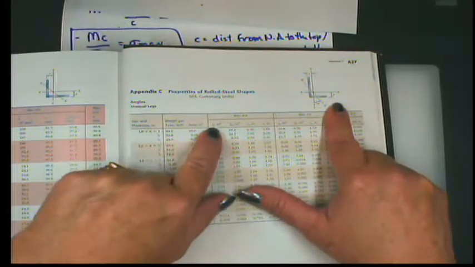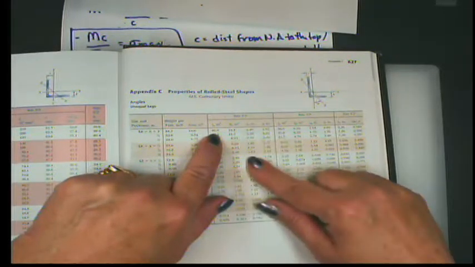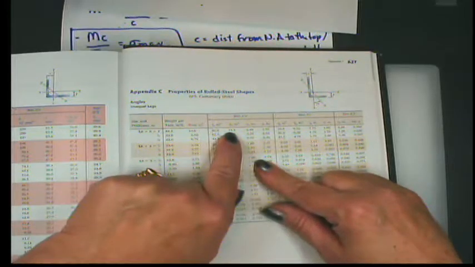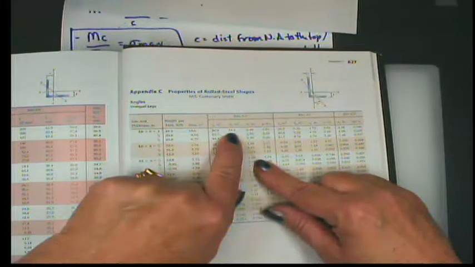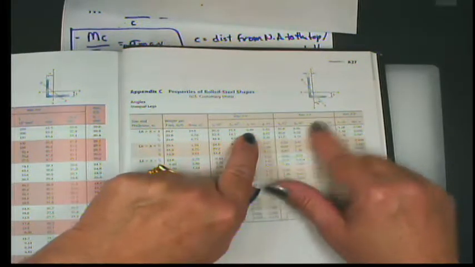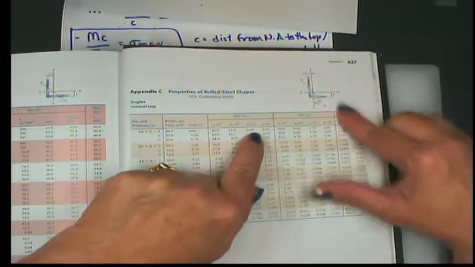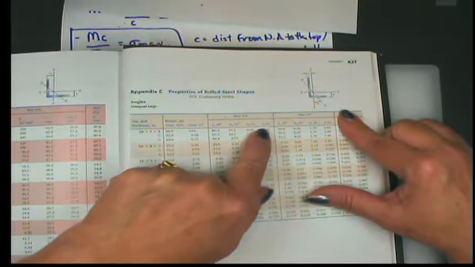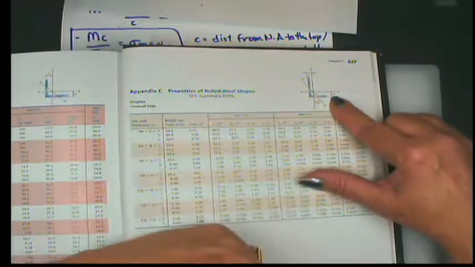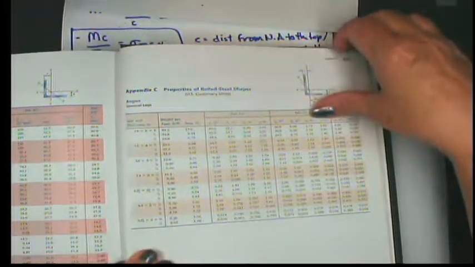And you have here the first column in the XX axis is I sub X, that's the moment of inertia. The next one is S sub X, which is the section modulus, which is just I over C. And then we just have some other values of R sub X, and R sub Y, and Y, which is in inches right here. Right? So there's a lot of different shapes. I-beams are also rolled steel shapes.